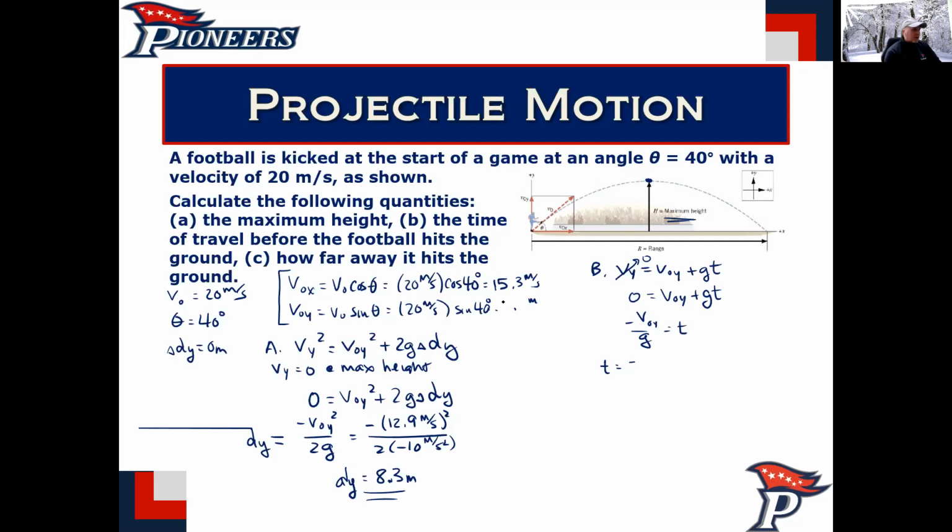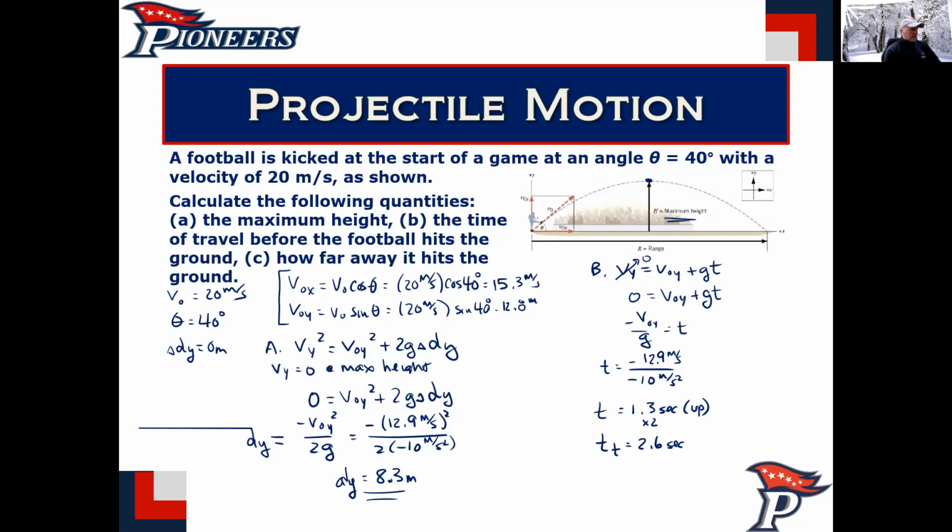It's 12.9 over negative 10. The negatives cancel, so it gives me 1.3 seconds up. So I double that to get the total time, 2.6 seconds. Because this is the time for it to go from here to here, so 1.3 to go to there.